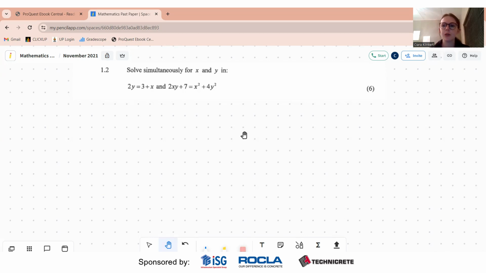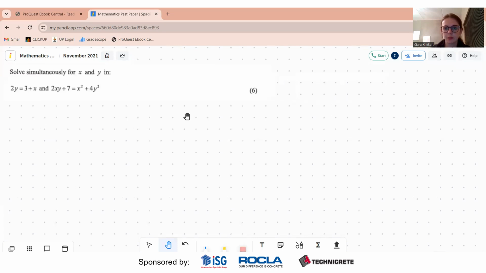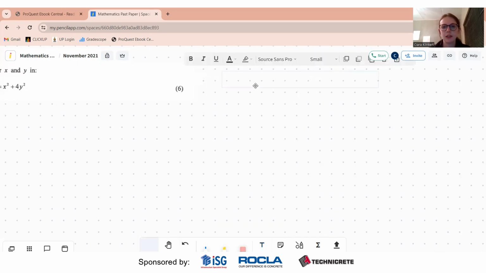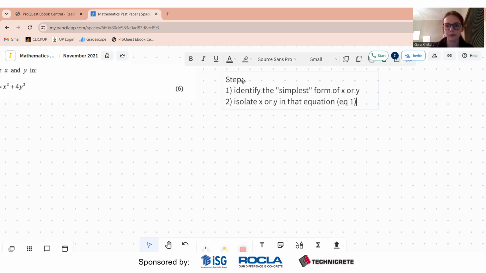All right. So the first step, I'm going to write us some steps to help us approach these questions. The first step is to identify the simplest form of X or Y. Once you have done that, isolate X or Y in that equation. I'm going to call this equation 1.